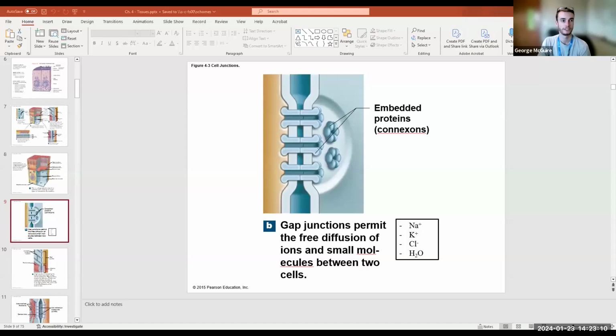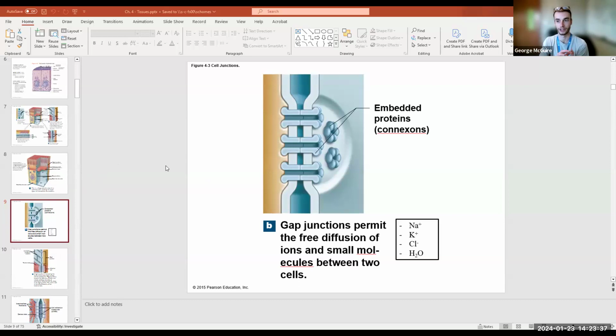So again, from a conceptual perspective, which I care much more about, recognizing the function that a gap junction provides compared to the function that a tight junction provides. They're both adhesion type molecules with different types of proteins that provide that adhesion. A gap junction provides channels, gaps that allow for the diffusion of molecules between neighboring cells.